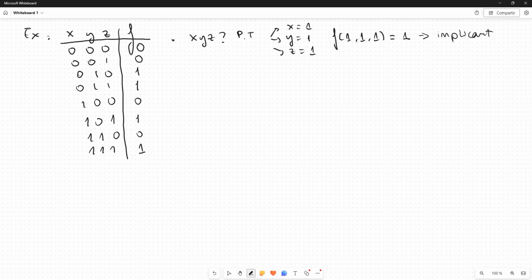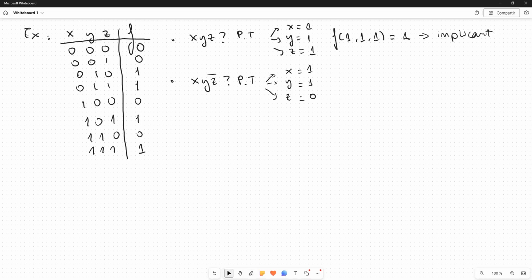For example, this. Is it an implicant? It's a product term because it's a product of literals. And the only way of having this equal to 1, because it's an AND operation, is that the variables take these values.